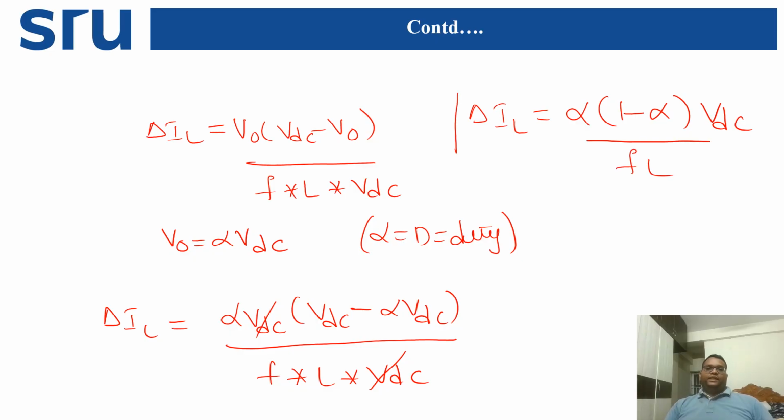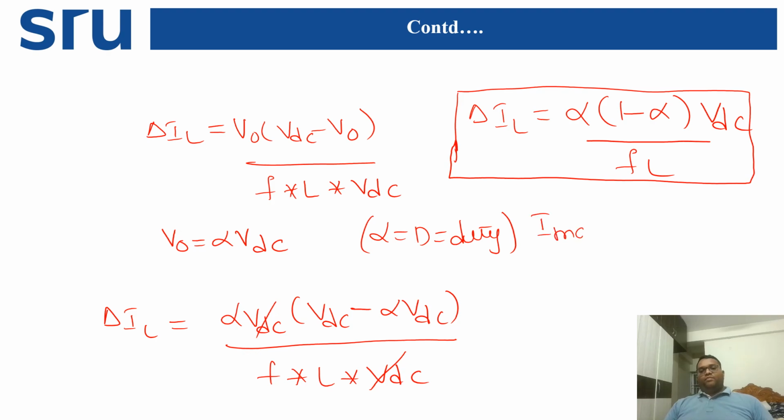This is the peak to peak ripple current for the buck converter we are using. From this, I maxima minus I minima is equal to delta IL. If we need I maxima, I maxima is equal to delta IL plus I minima.